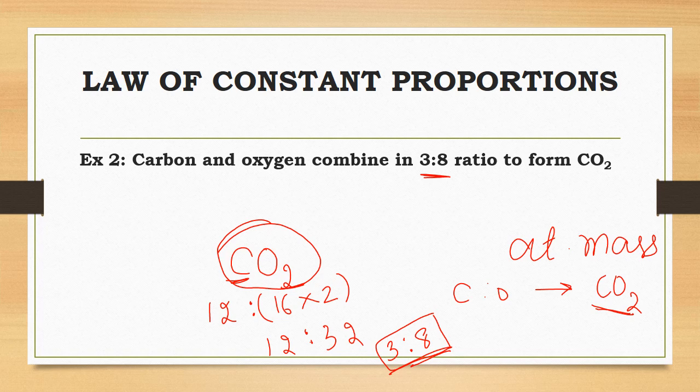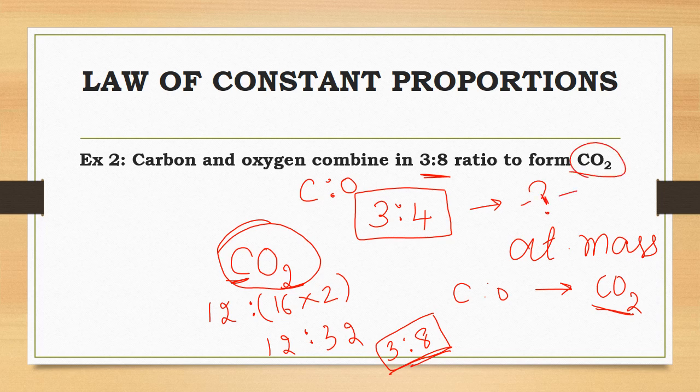If the ratio of carbon and oxygen is changed from 3:8 to 3:4, if we change the ratio of carbon and oxygen to 3:4, what product will you get? It is definitely not carbon dioxide. What other product will you get?